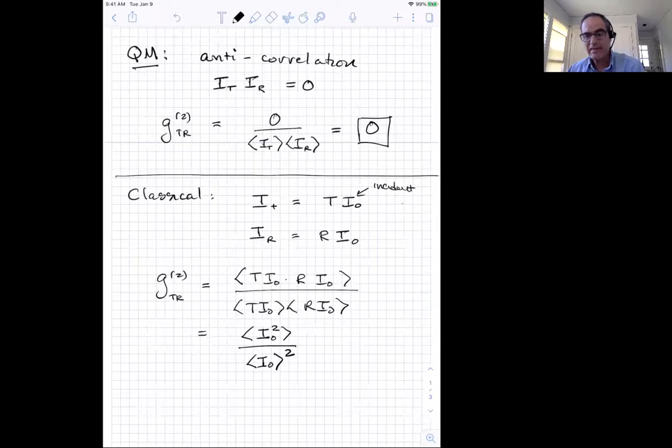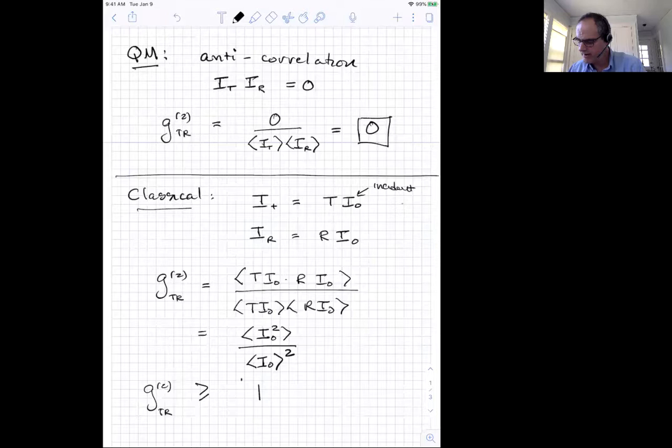Now, there's a mathematical theorem that says that no matter what I0 is, and no matter how it varies in time, this ratio always has to be greater than or equal to 1. So classically, we'd find that the second order coherence always has to be greater than or equal to 1.